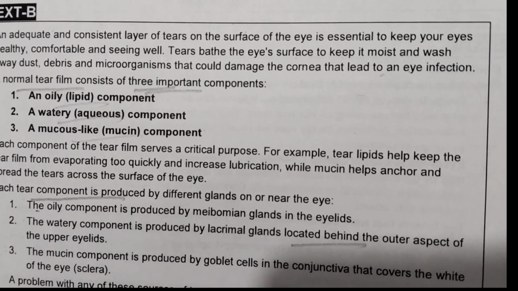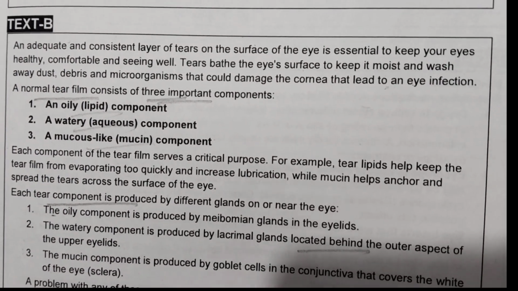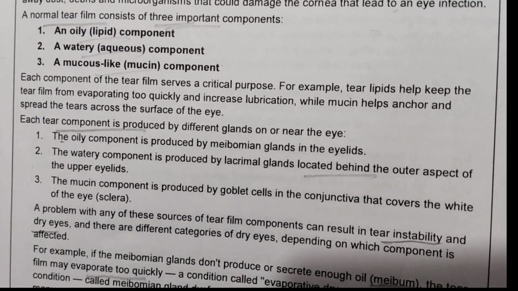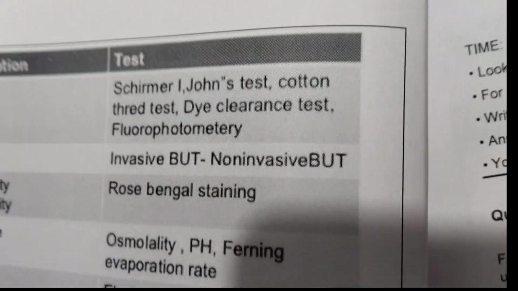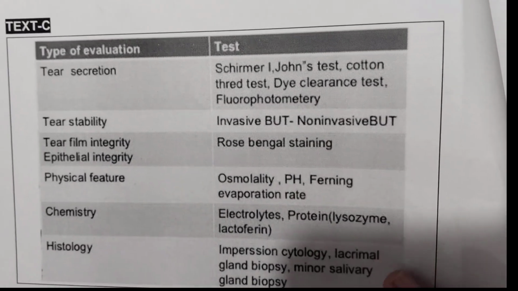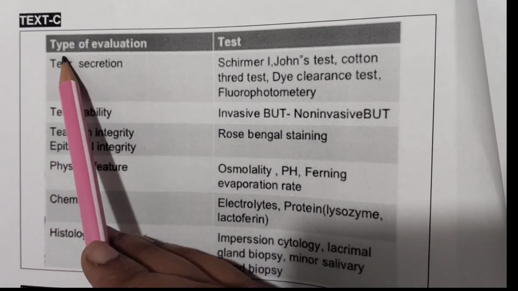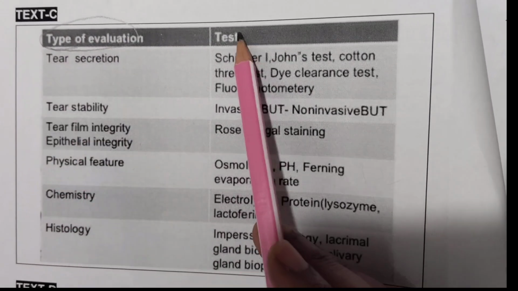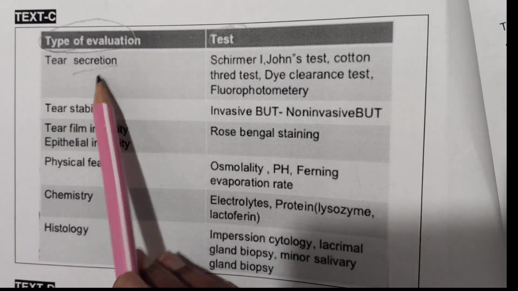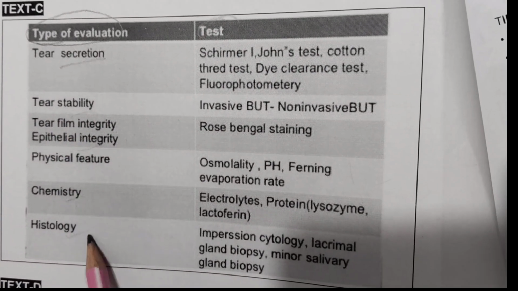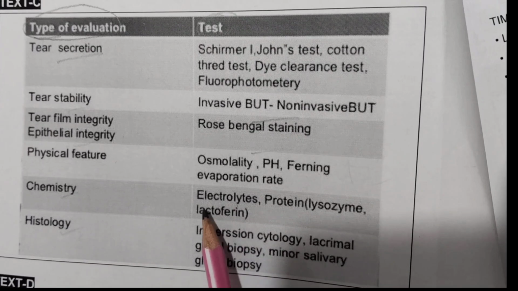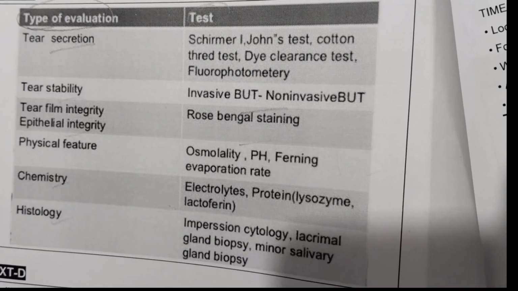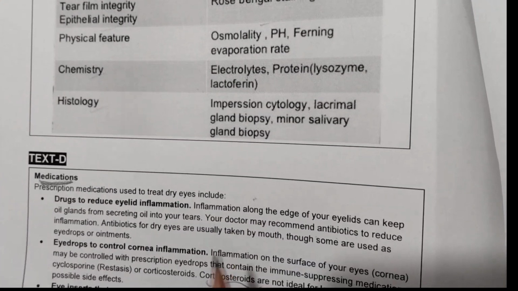Now moving toward text C, first is the heading part, headings, subheadings. We can read this also. Most of the questions are from this part. Okay, then medication. So these are the focus on the keywords.